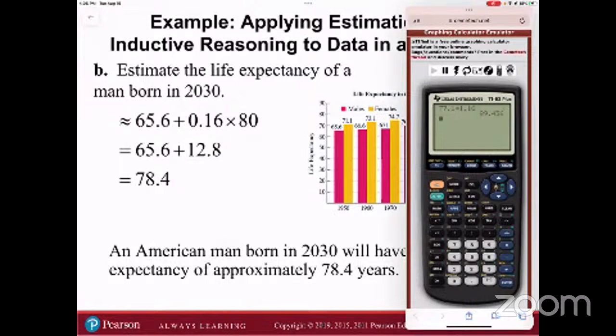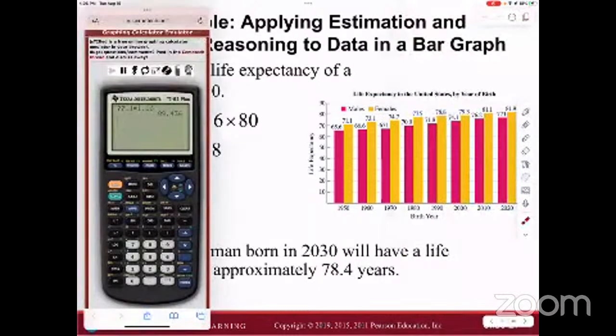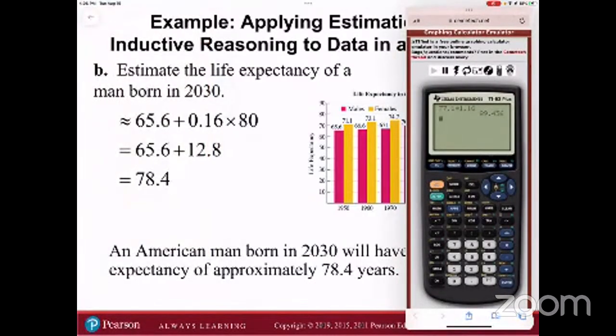What am I missing here? Times 80 years later. Times 80 years. So let's see, because I know if I do 77.1 plus 0.16 times, it's been what, 10 years? Why is that other one off?